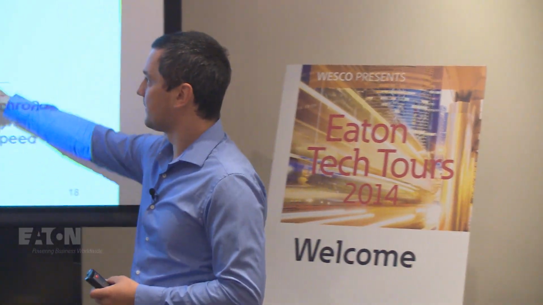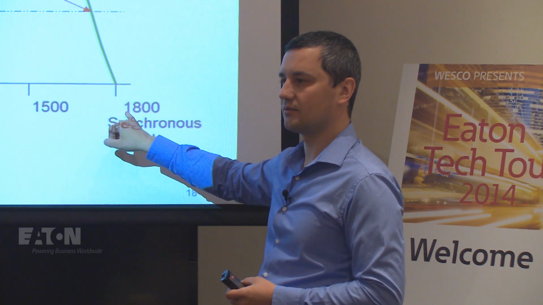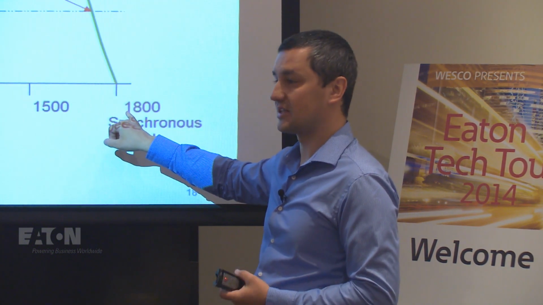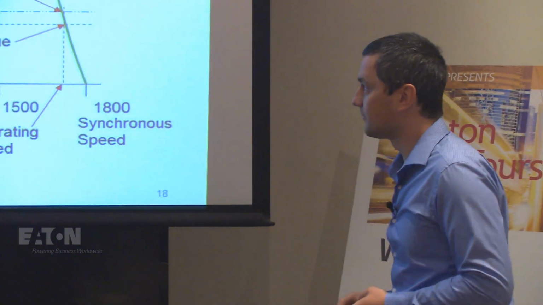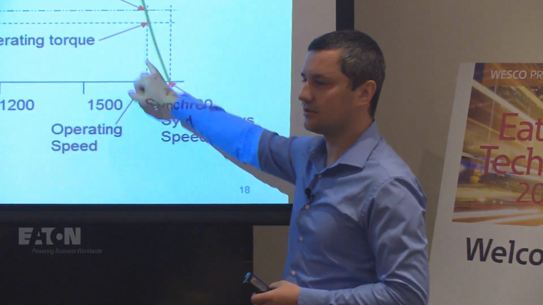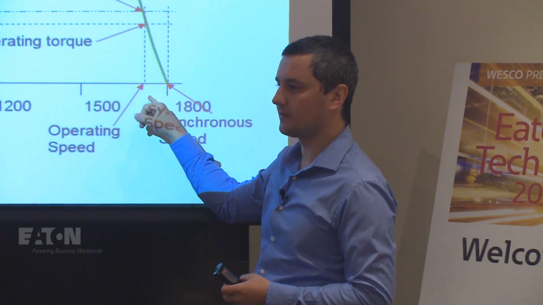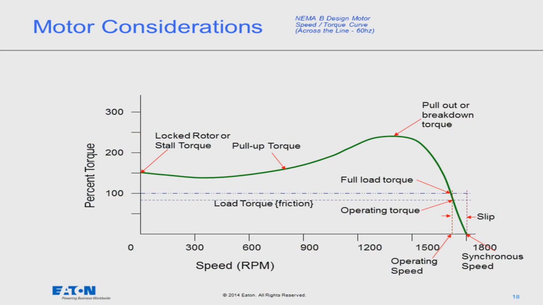As you can see, it's not exactly 1800. Why? Because of your slip. And remember, we already said that. Between here and here, you have your slip. And for us, really, that's what Doug was saying earlier.